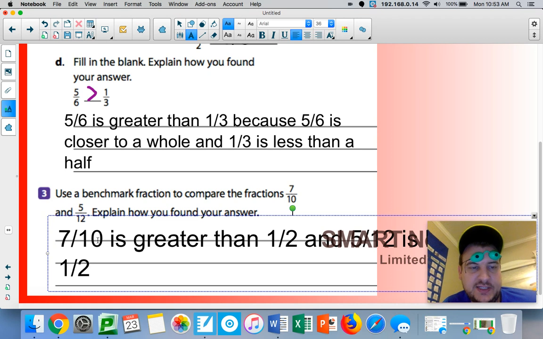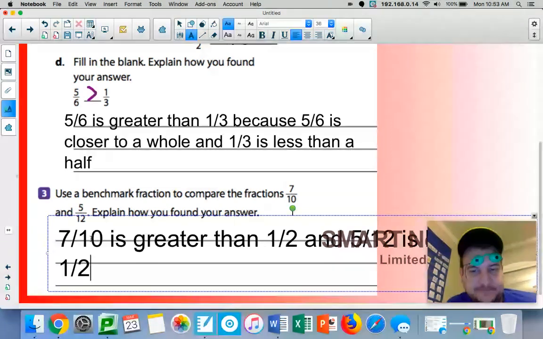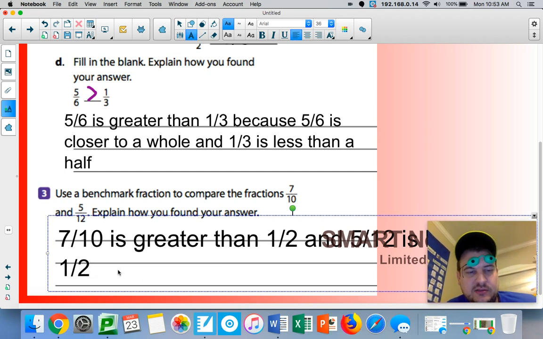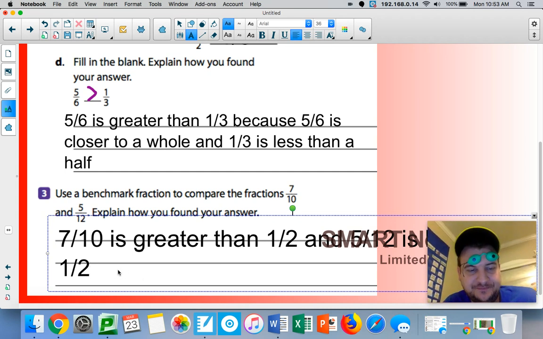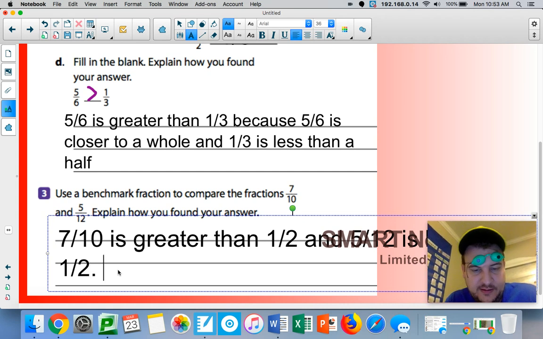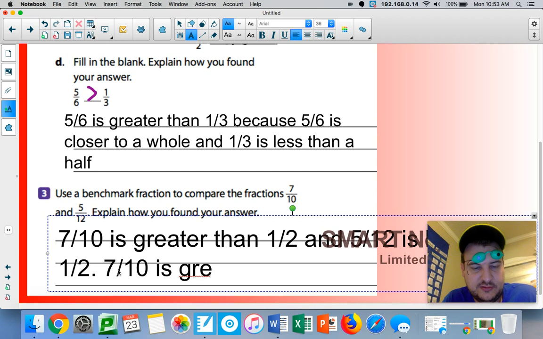Because half of 10 would be 5, so 5/10 is halfway. Half of 12 would be 6, so 5/12 is less than 6/12. So that means 7/10 is greater than.